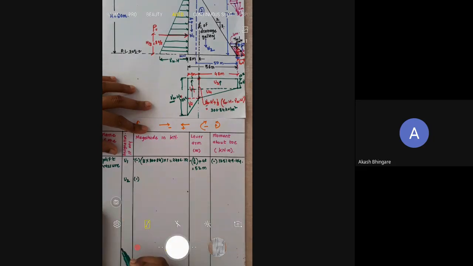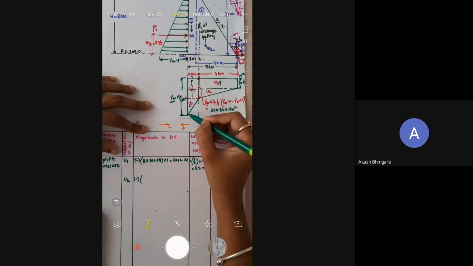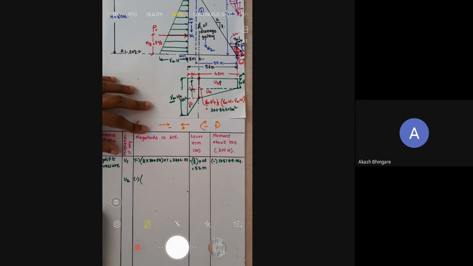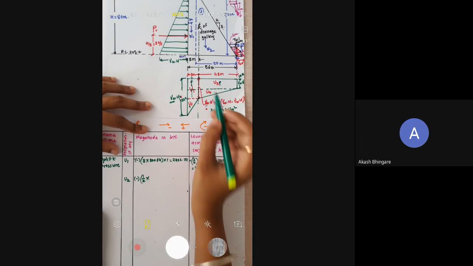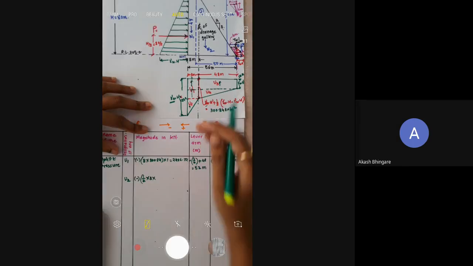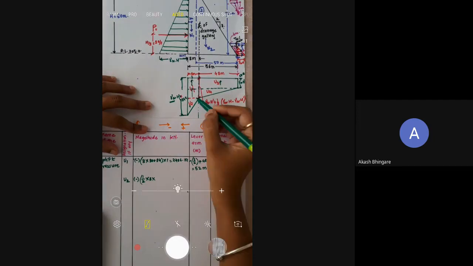Yes, Romana, you are also correct. Now this is the triangular portion, therefore we are supposed to write the area of a triangle. So half base will be this 8 meter. Now what is this height? Height of the triangle. This much portion we have to take.